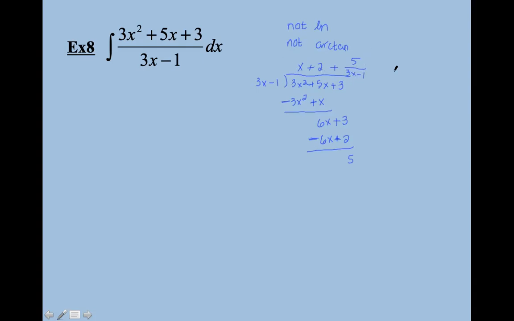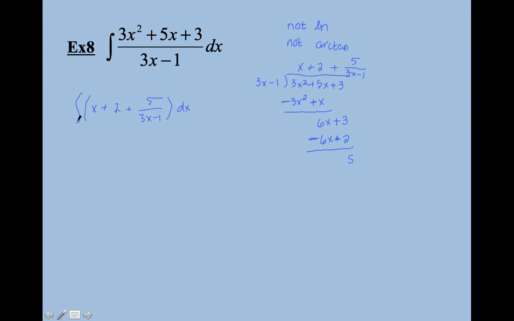So this quotient here represents this integral. So I'm going to rewrite this integral now as the integral of x plus 2 plus 5 over 3x minus 1 dx.